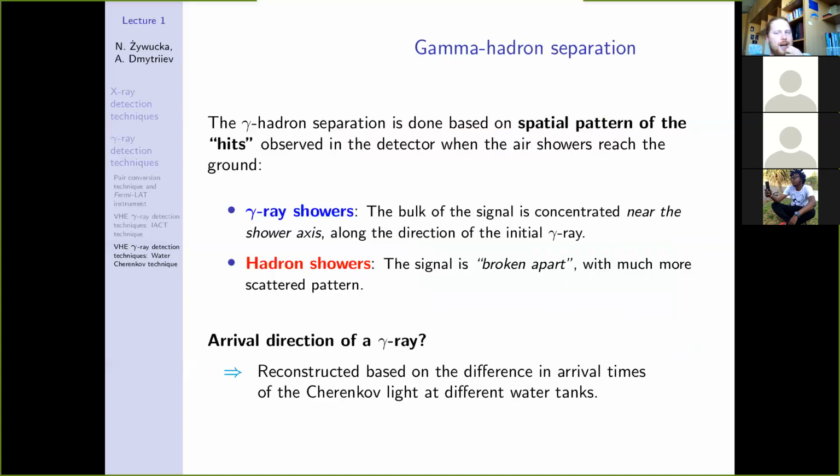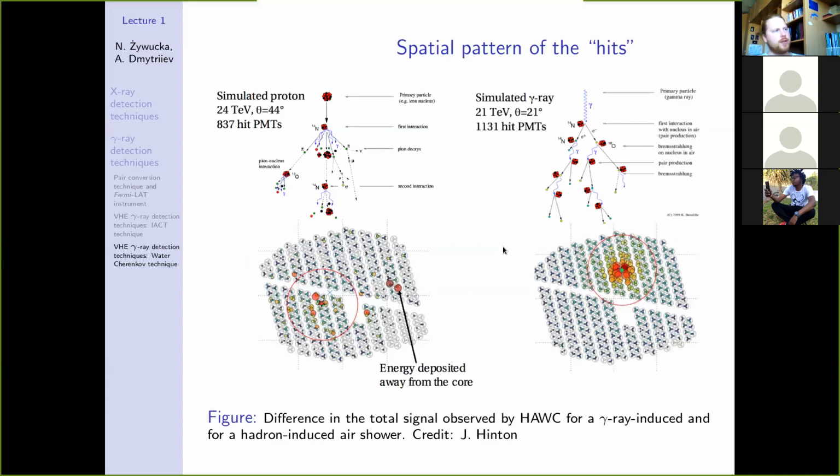And how do you reconstruct the arrival direction in this case? The arrival direction is reconstructed based on the difference in arrival time between different water tanks.